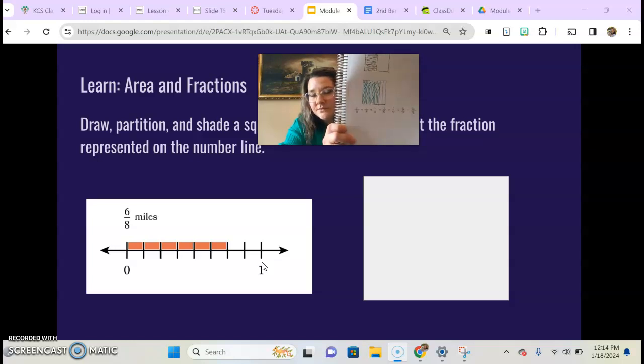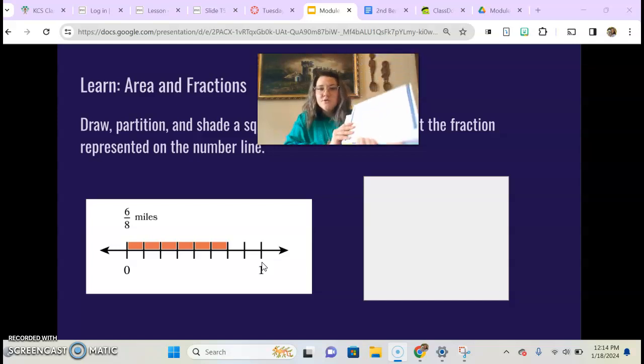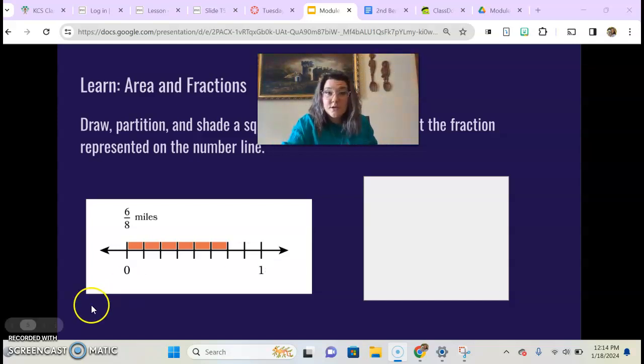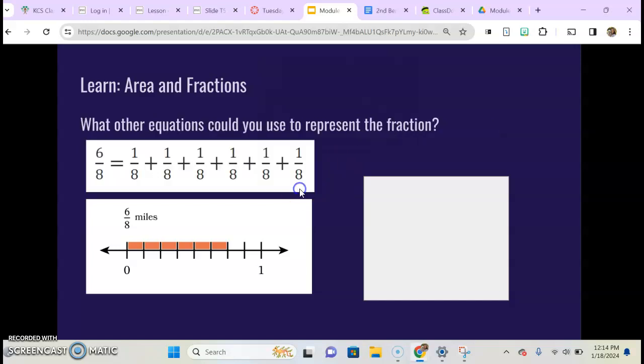Okay? What other equations could you write that would equal 6/8? Remember, it's been a while, on Friday or Thursday, we took a tape diagram and we folded it and we used 2 different colors to represent 7/8. And we found different ways that we could write 7/8.